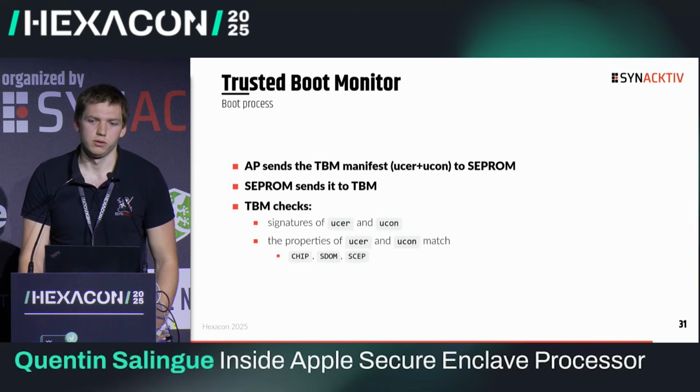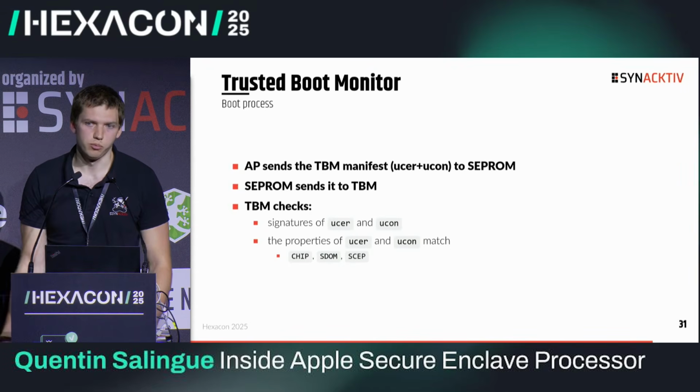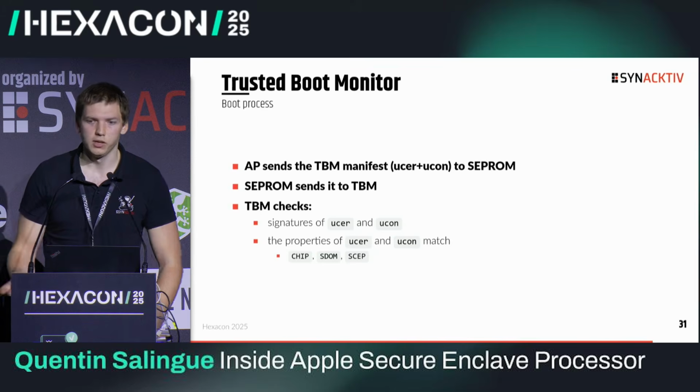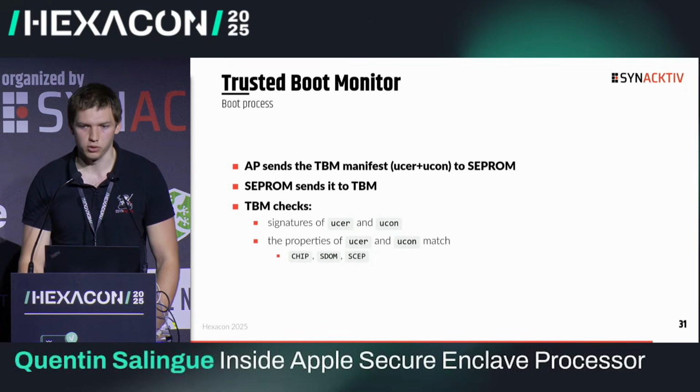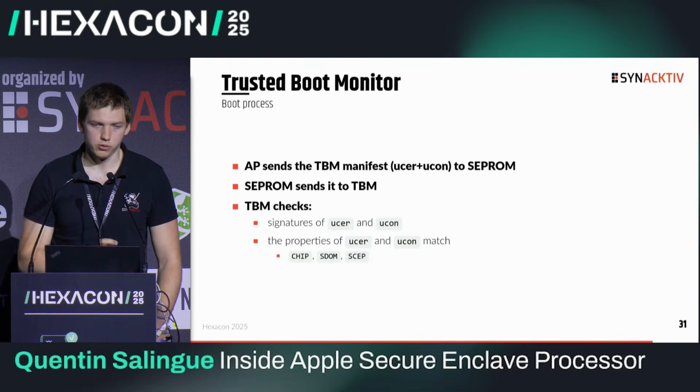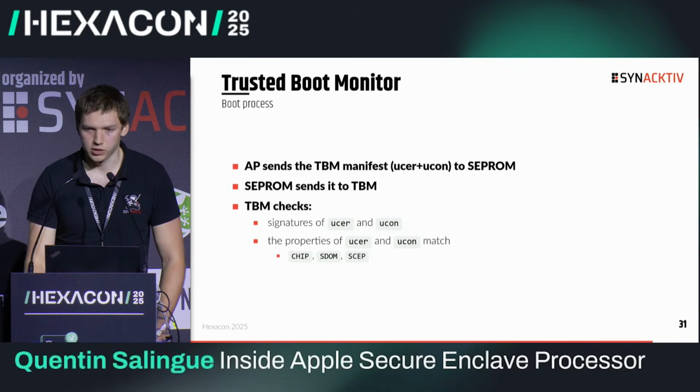The TBM will use its key to verify the signature of the UCRT, and then it will use the key of the UCRT to validate the signature of the UCON, just like certificates. And it will check that both the UCRT and the UCON have properties that match, so that the chip, SDOM, and epoch are the same.